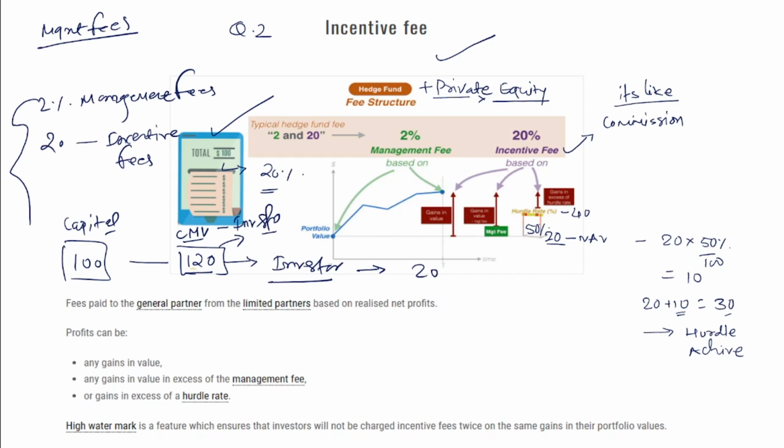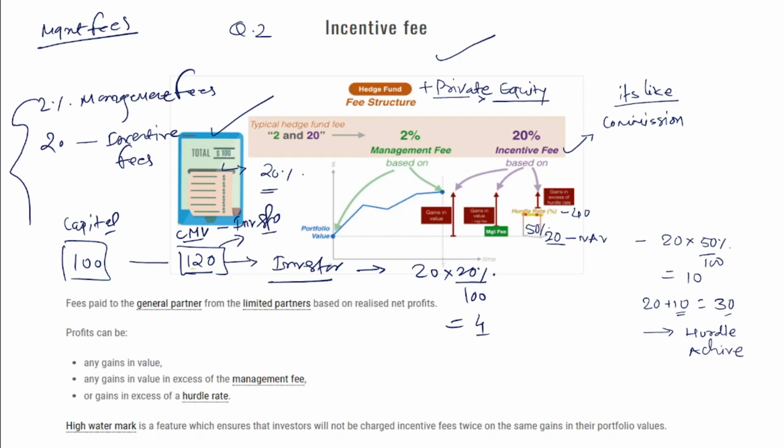So here 20 into 20% is the fees that investors will pay to the fund managers, and that fee we can call incentive fees. Do this calculation and check it. It comes to around 4 rupees, which investors will pay to the fund managers.